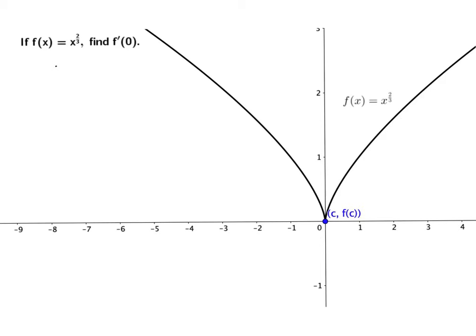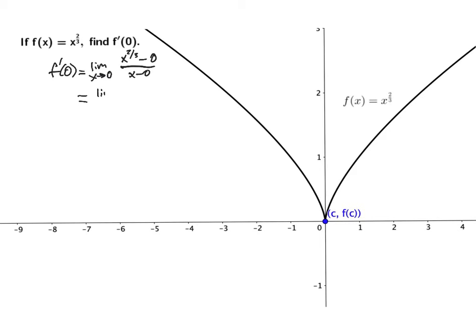So recall f prime of c, in this case c is 0, is the limit as x approaches c, in this case 0, of f of x, so that's x to the 2/3, minus f of 0. So 0 to the 2/3 is 0. And then the denominator, x minus 0. So what is this? This is x to the 2/3 over x.